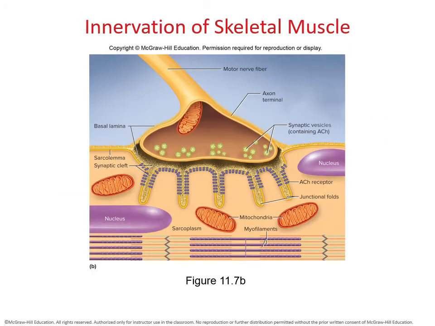All right, so here's our picture again. Just to make sure, even if you have to pause the video, make sure that you're able to explain the function of the axon terminal. That's where the nerve signal is going to come to an end.